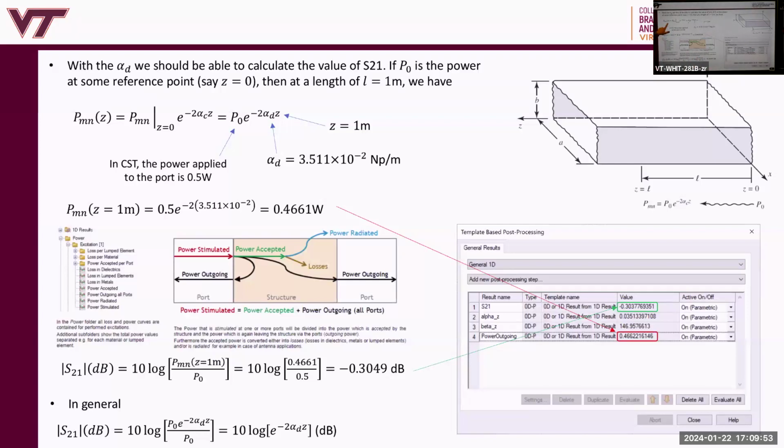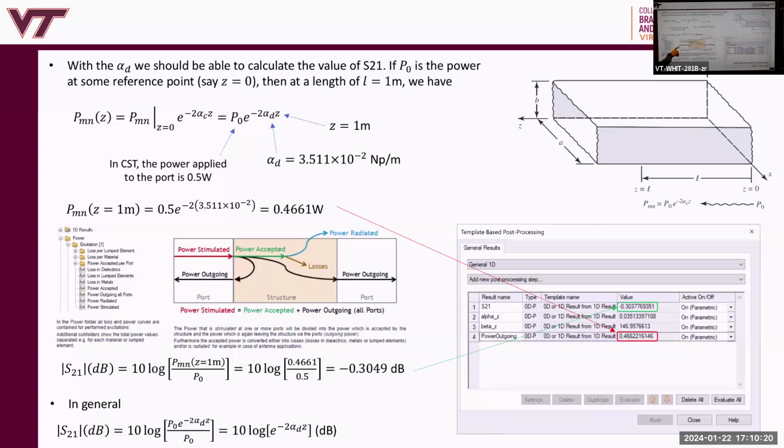So P_mn at a position z is P_mn at z equal to 0 times this. We know in CST the power applied to the port is half a watt, so P0 is 0.5 watts. We know alpha d, which we calculated analytically and verified using CST, is 3.511 times 10 to the minus 2, and we're looking at z equal to 1 meter. If you do that at 1 meter, you get 0.4661 watts.